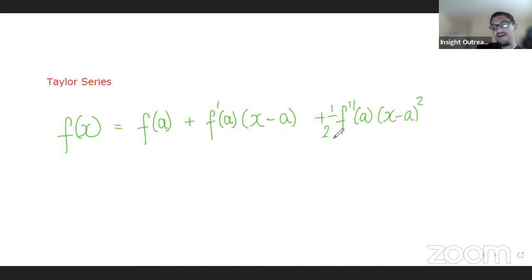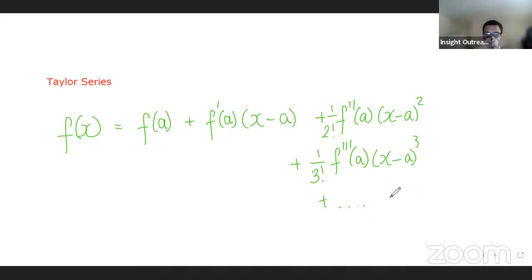I should write that plus 1 over 3 factorial, the third derivative at a, x minus a cubed, plus dot dot dot. So this carries on infinitely. If your function can be differentiated again and again, you can do this.